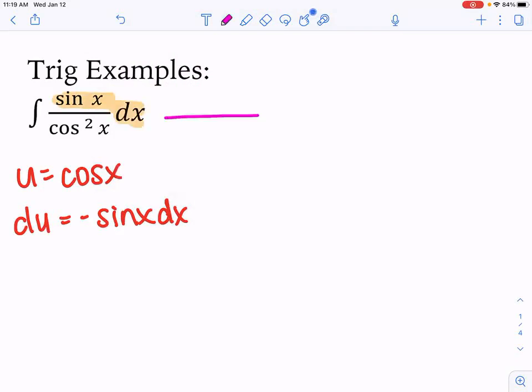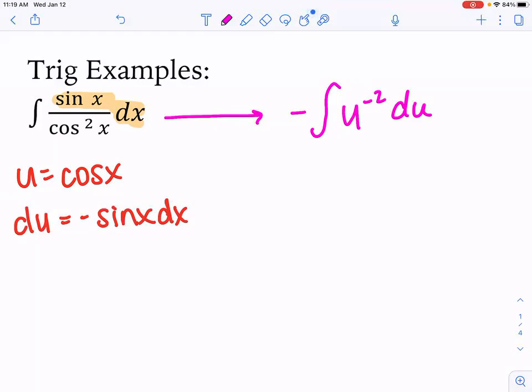So we have negative the integral of 1 over u squared du. Cosine is inside of the squared, and so that's why we chose it. So you probably want to think of this, don't make the same mistake as some of us did yesterday, as u to the negative second.